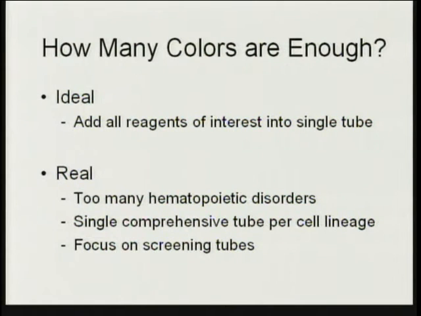This is in part based on the knowledge that roughly half of the samples that come through a clinical laboratory are essentially negative for the presence of hematopoietic neoplasm. So we want to screen these samples efficiently, identify the ones that are negative so we can put them aside and not work on them any further, and focus our more intensive efforts on those that actually have something to be evaluated. So the focus here really is on creating a set of screening tubes specific for different lineages of cells.